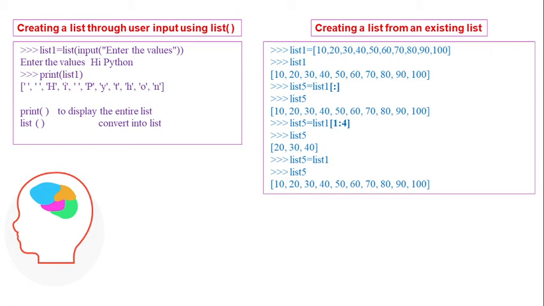The stop will be excluded. So only 20, 30, 40 will be passed, 50 will not be passed. Even though it's at the 4th location, the stop will be excluded. Then list5 equal to list1, which passes all the elements of list1 to list5. It's like list5 equal to list1[:]. Nothing special in it.